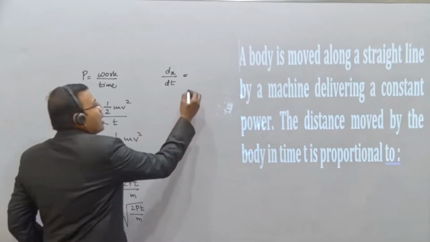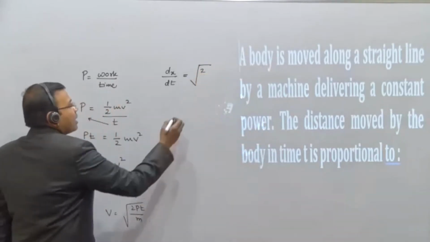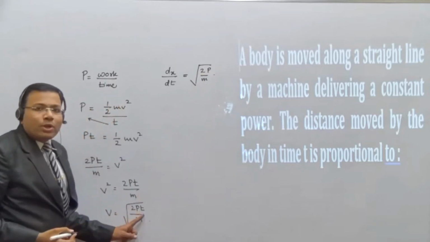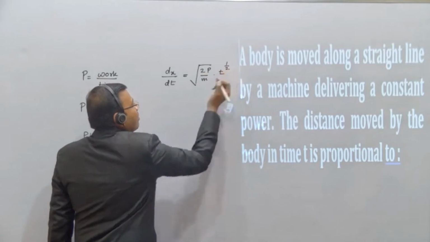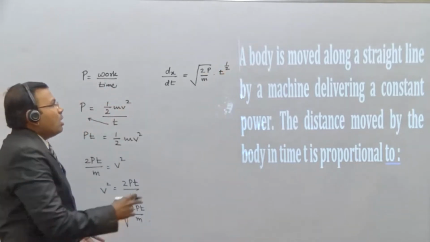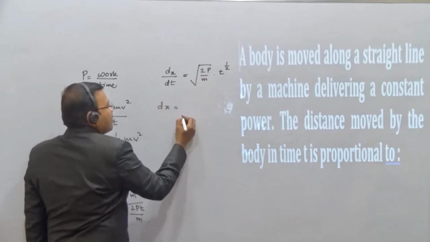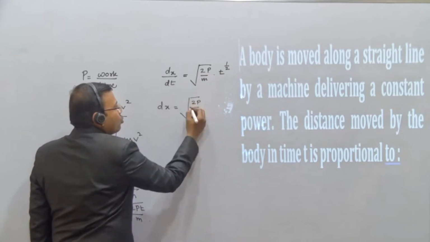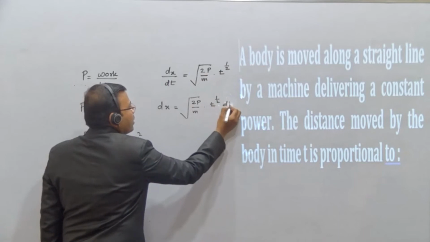So I'll write this part separately, that is 2P by m under root, and this is root t. That root t I'm writing as t power 1 by 2. Now to calculate the distance, I'm cross multiplying: dx equals under root of 2P by m into t power 1 by 2 into dt.